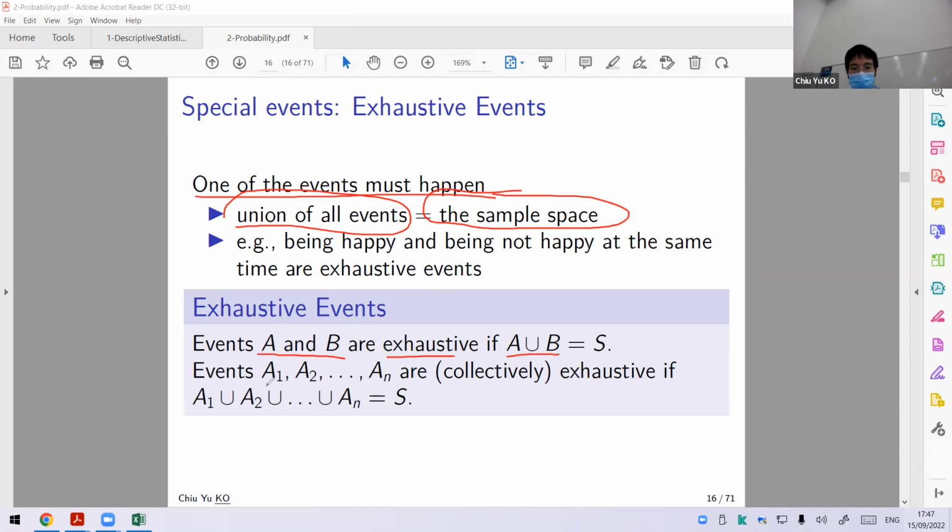Or if we have n different events and the union of all of them is the sample space, we call it collectively exhaustive, but usually we ignore the term collectively. Exhaustive is just like exhaust, it consumes the whole thing. There's nothing left. So one thing must happen. That's the idea of an exhaustive event.